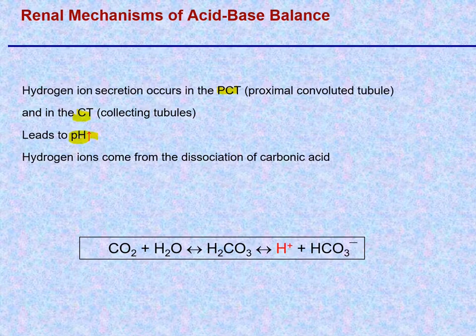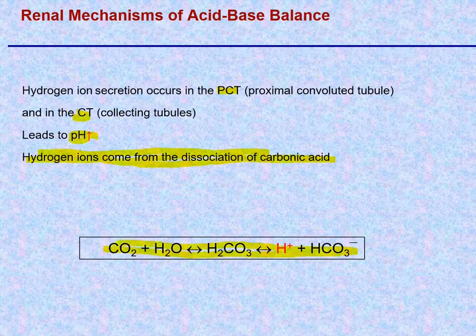Hydrogen ions often come from the dissociation of carbonic acid in this equation. This is, of course, the key equation that we've seen before. So hydrogen ions are coming from the dissociation of carbonic acid into bicarbonate and hydrogen ions.